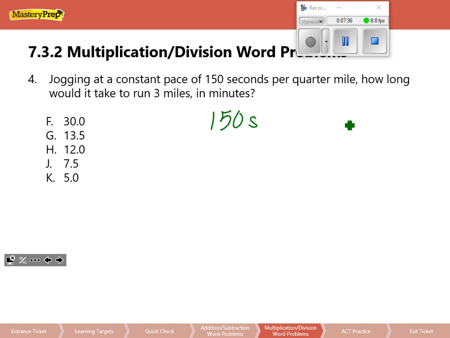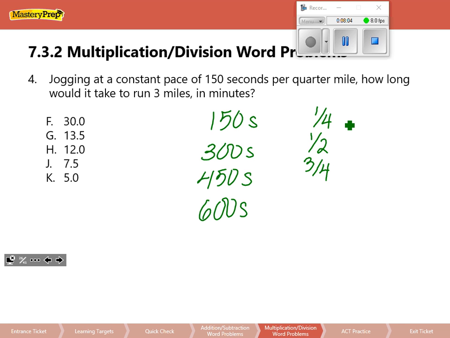So 150 seconds, you've gone 1/4 of a mile. 150 plus 150 would be 300 seconds, which would be half a mile. 450 seconds would be 3/4. And 600 seconds would be 1.